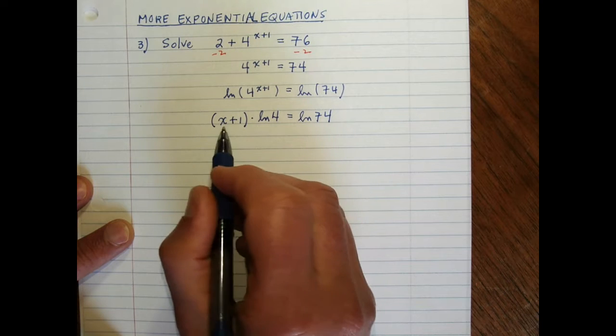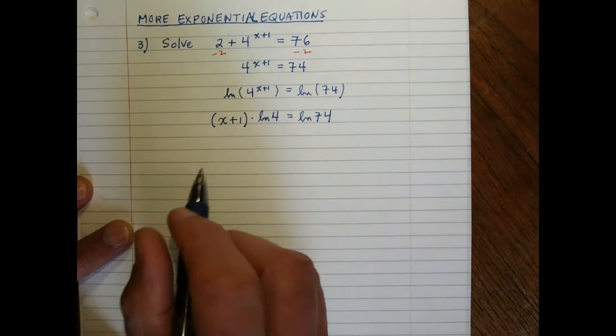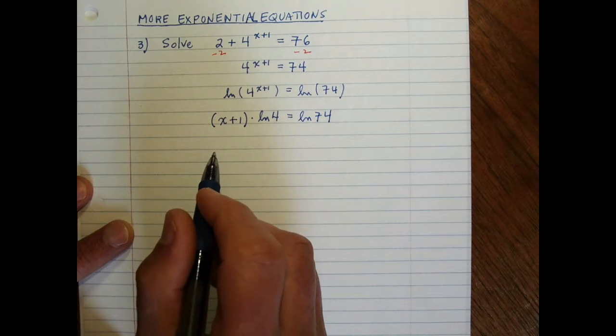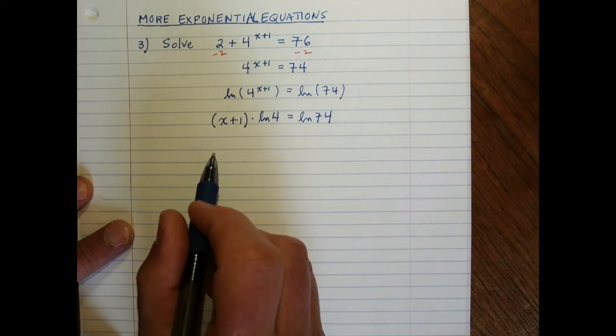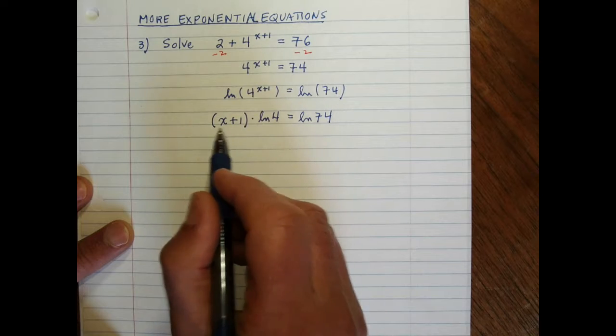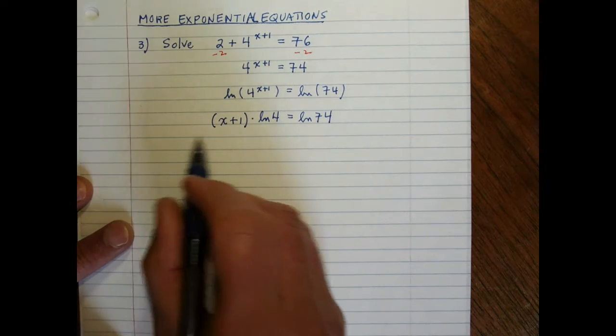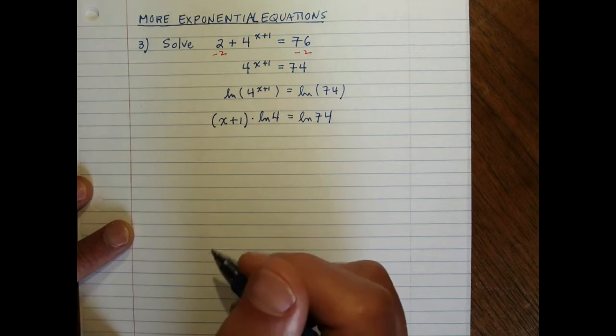Now we are ready to solve for x here. You got a choice. You got a fork in the road, and you can take it either way. You could distribute the ln of 4 through parentheses to remove parentheses, or you could begin by dividing both sides by ln of 4.